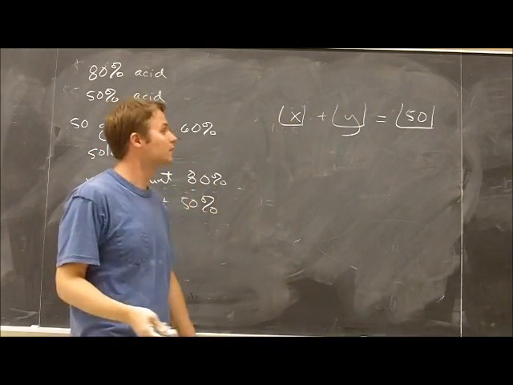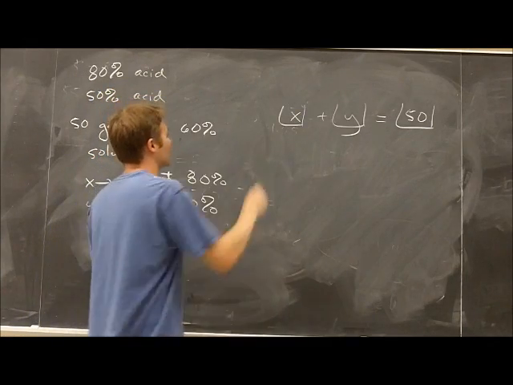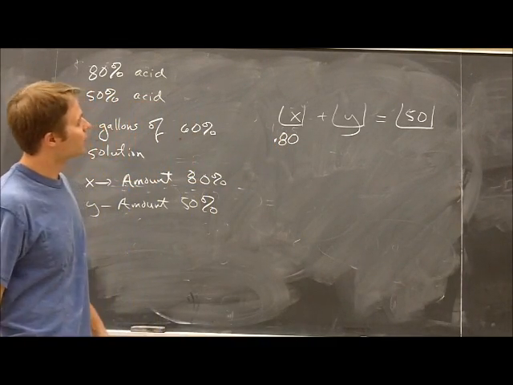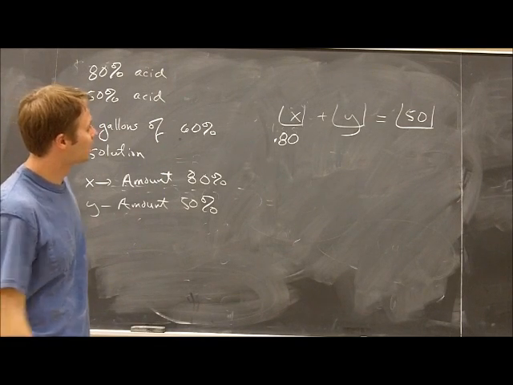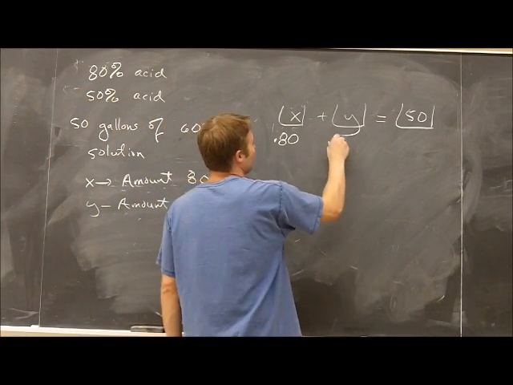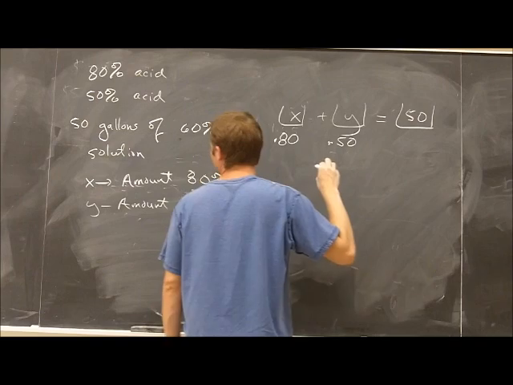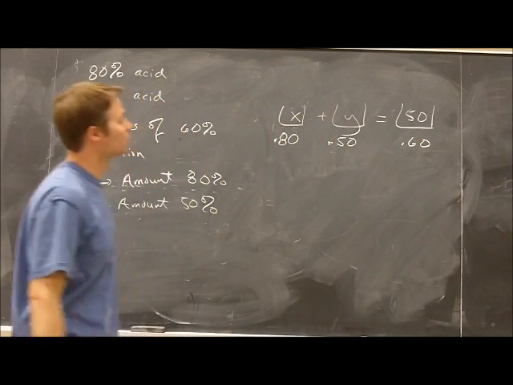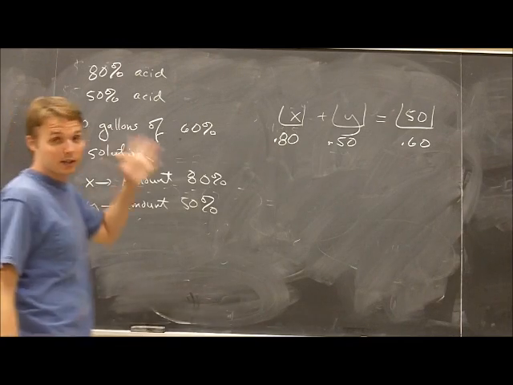I better end up with 50 gallons at the end. I'm going to have an 80% solution here, that's the amount I have, x. This is going to be a 50% solution, and then the 50 gallons at the end is going to be a 60% solution.